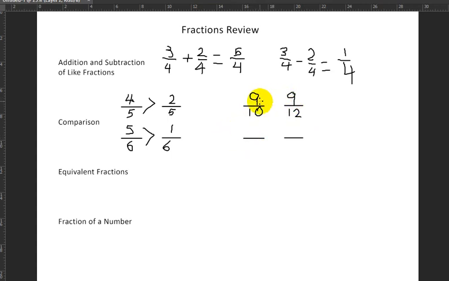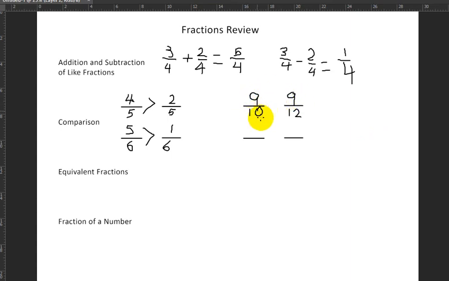When the same number is on top, and again, you want to write this somewhere for the second case, the greater fraction is the one with the smaller number on the bottom. And if you don't remember why, that's because if we were imagining pizzas again, in both cases we have 9 pieces.